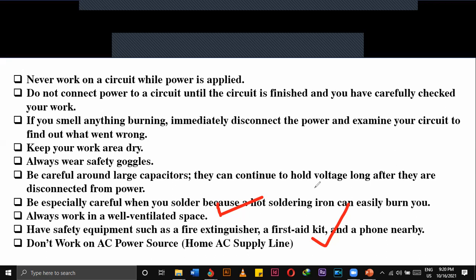But don't work on home current, like your plug point or your meter box. We just use small batteries.